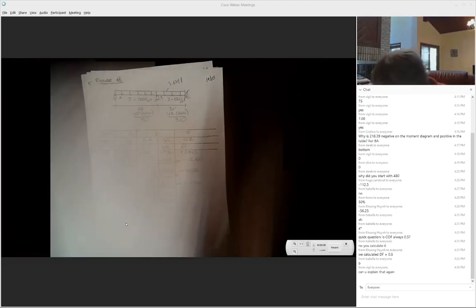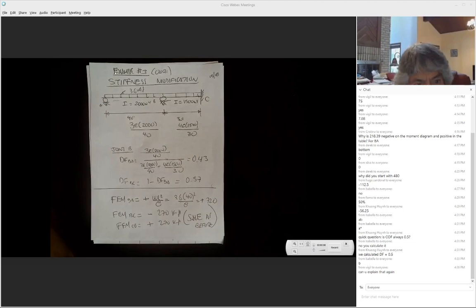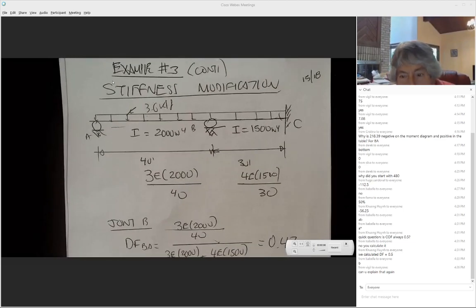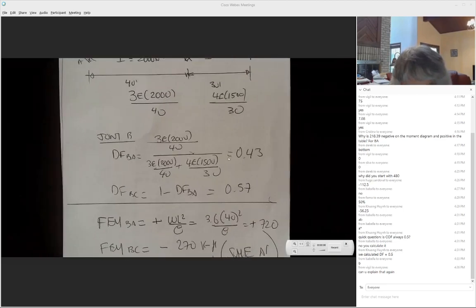So now instead of doing that, I'm going to modify my stiffness. Stiffness modification means 3EI/L. This remains the same, 4EI/L. So now I join B, the new distribution factor, 3EI/L over 3EI/L and 4EI/L.